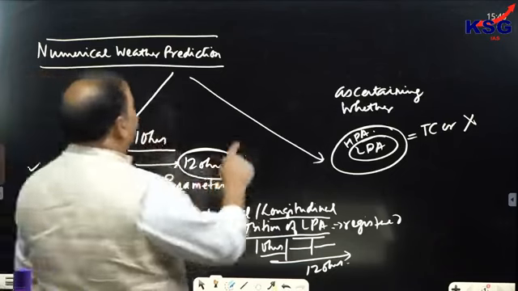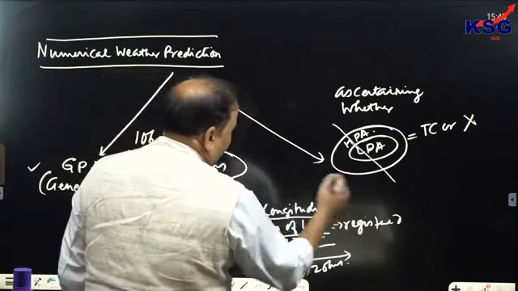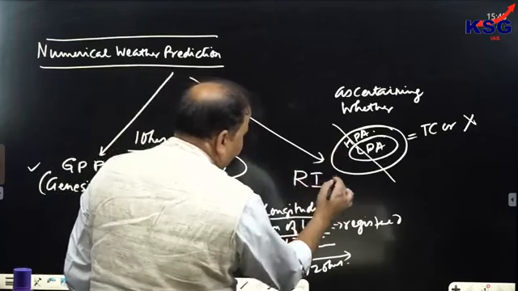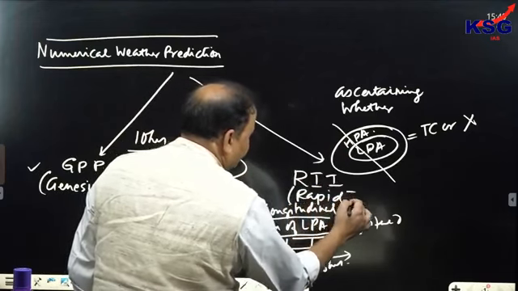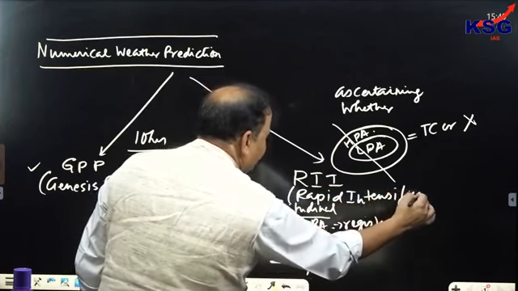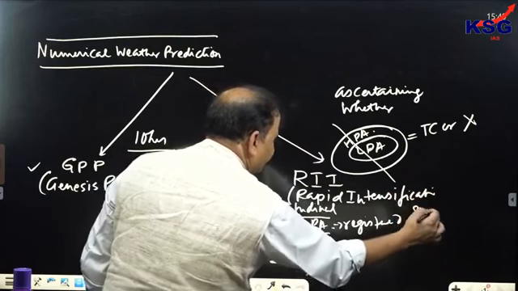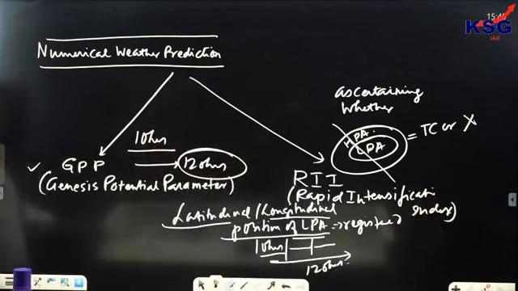Now the other indicator of NWP, numerical weather prediction, is called RII. It stands for Rapid Intensification Index.